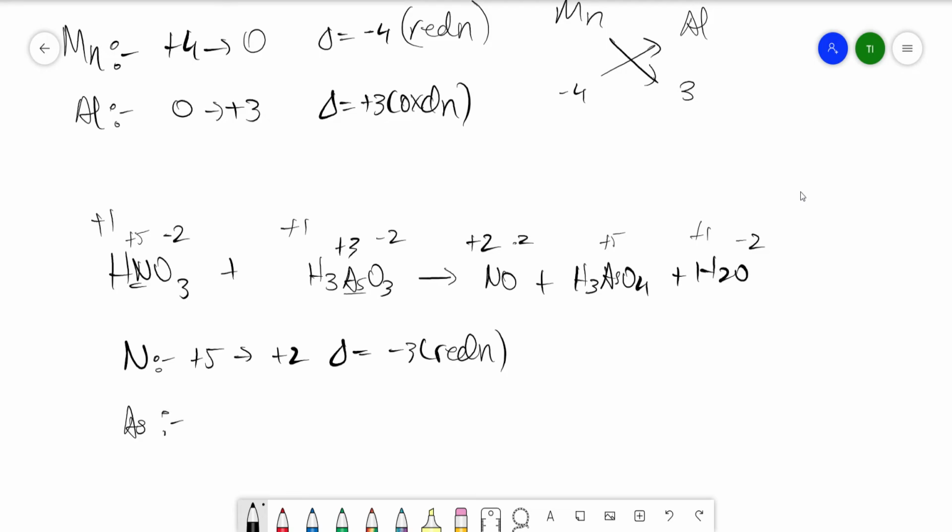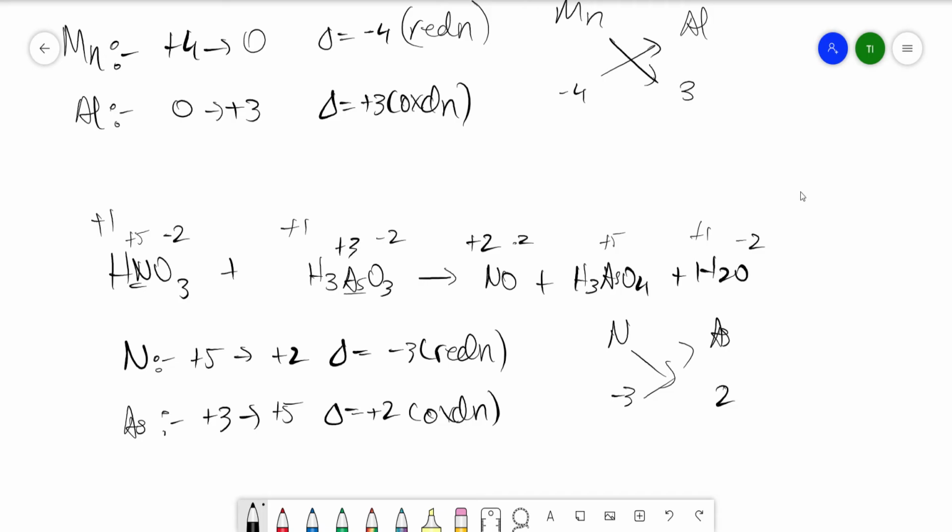Whereas for astatine, it changes from +3 to +5, right? So the change is +2, so it's an oxidation. And then you cross multiply, right? As changes by 2, and nitrogen changes by -3. Cross multiply, and then you multiply each side.